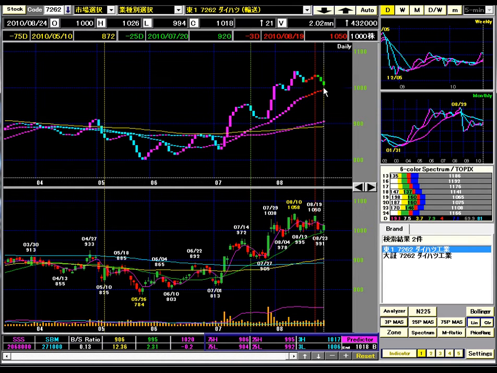Well, it's blue here, but the predictor box is showing pink. So how could this be? I mean, wouldn't we expect this to continue going down, blue, and then even perhaps crossing the medium-term line very soon in what might be a dead cross, for example?